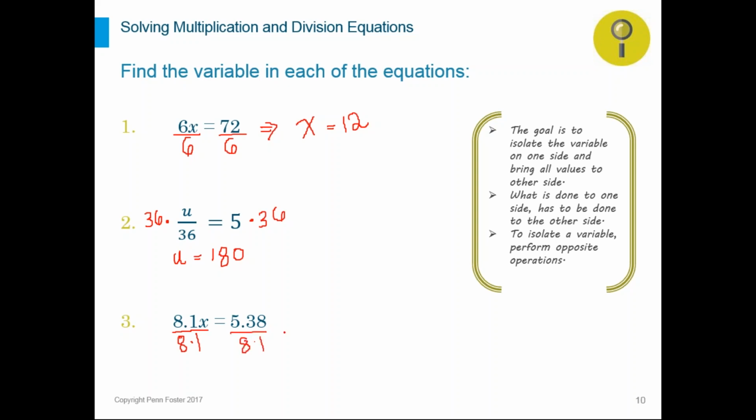As I said before, when you divide those decimals, you do not have to use long division, because we are not learning how to divide decimals. We are learning algebra. So 8.1 over itself is a 1, so we're going to have an x on the left-hand side. Use your calculator and divide those two decimals, and the answer would be 0.66.